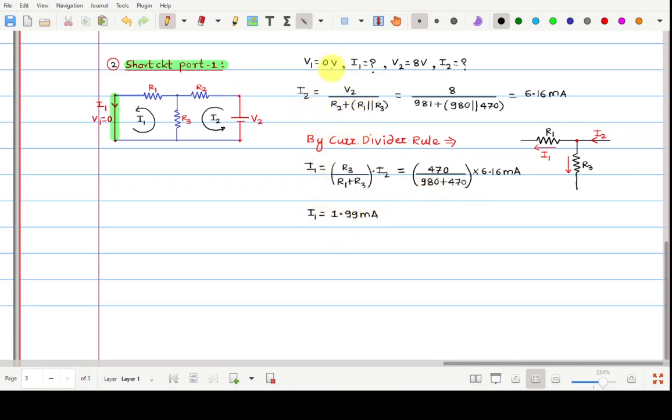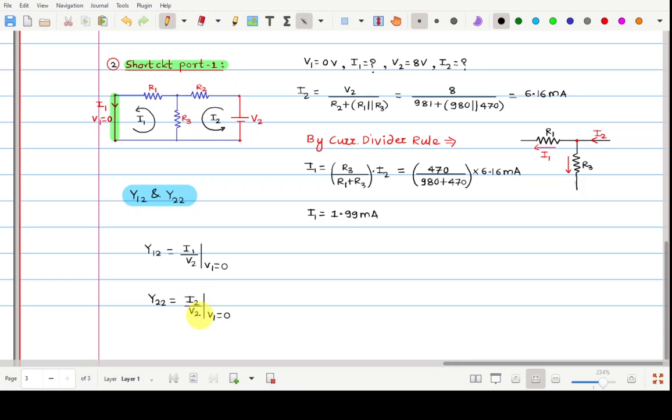So we have calculated the value of I1 and I2. Now we are having all four values. By putting these values we can calculate the remaining two y parameters, which are y12 and y22. So let us write the formulas. So friends, y12 is I1 upon V2. One indicates current and two indicates voltage. Since in the denominator we are having V2, obviously V1 should be 0. y22 is I2 upon V2.